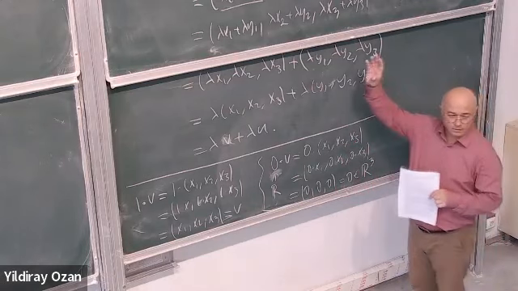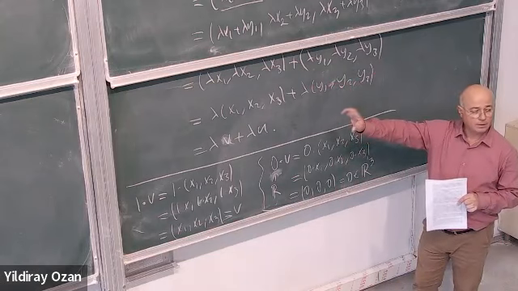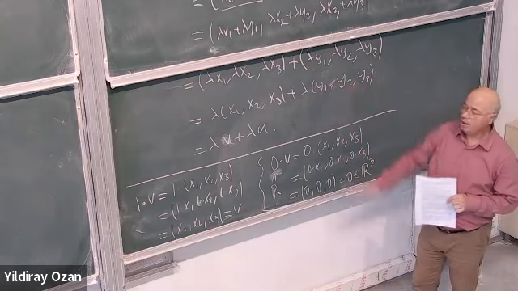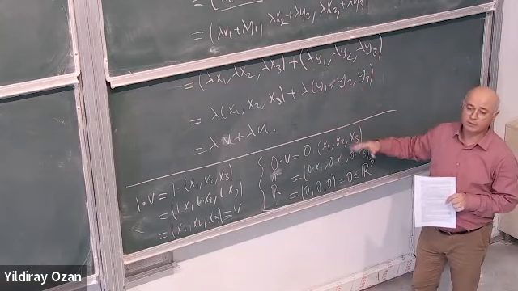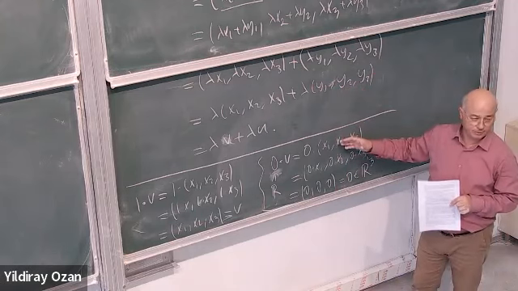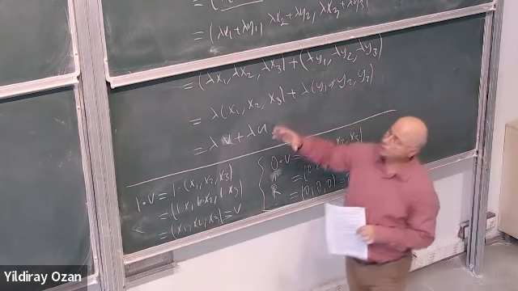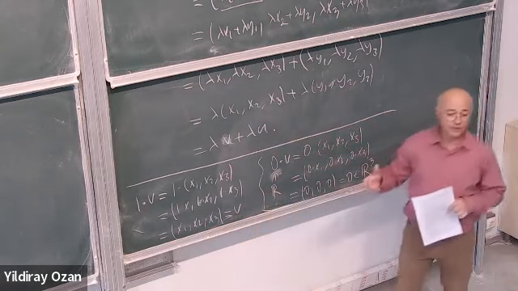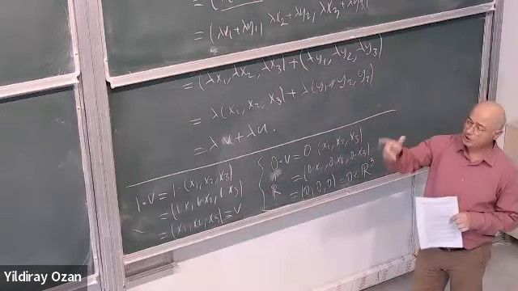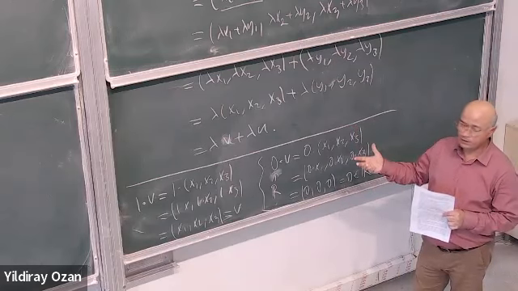I will not go into this much detail in other examples, maybe in some of them, but I didn't write down something unnecessary here. One should just go through all the steps to show that R3 with these operations of vector addition and scalar multiplication is a vector space.